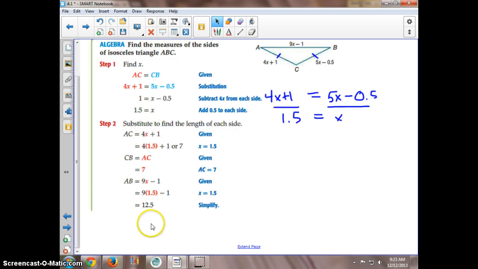We can plug things in and find that AC would give us 4 times 1.5 plus 1, which is 7. CB is actually the same thing since we know they're equal, so we don't even have to do any math. And AB is going to be 9 times 1.5 minus 1, which is 12.5. So given that information, again, it's clear that this is an isosceles triangle.